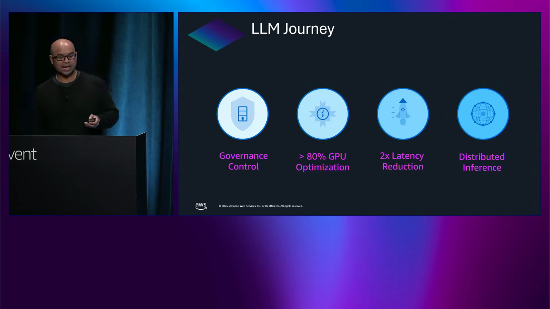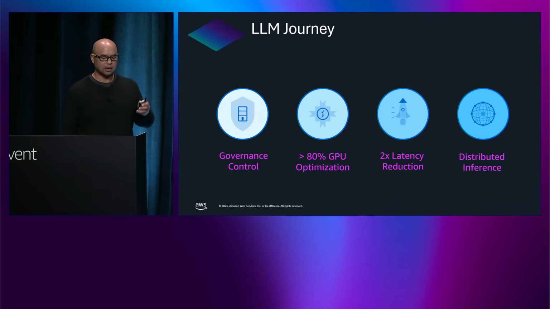Okay, to recap, we talked about setting up the foundation. How can I set up an AI gateway so that I have more control and more visibility across different model providers? By using an inference engine, I can increase the utilization, optimize my GPU consumption, and increase the throughput.